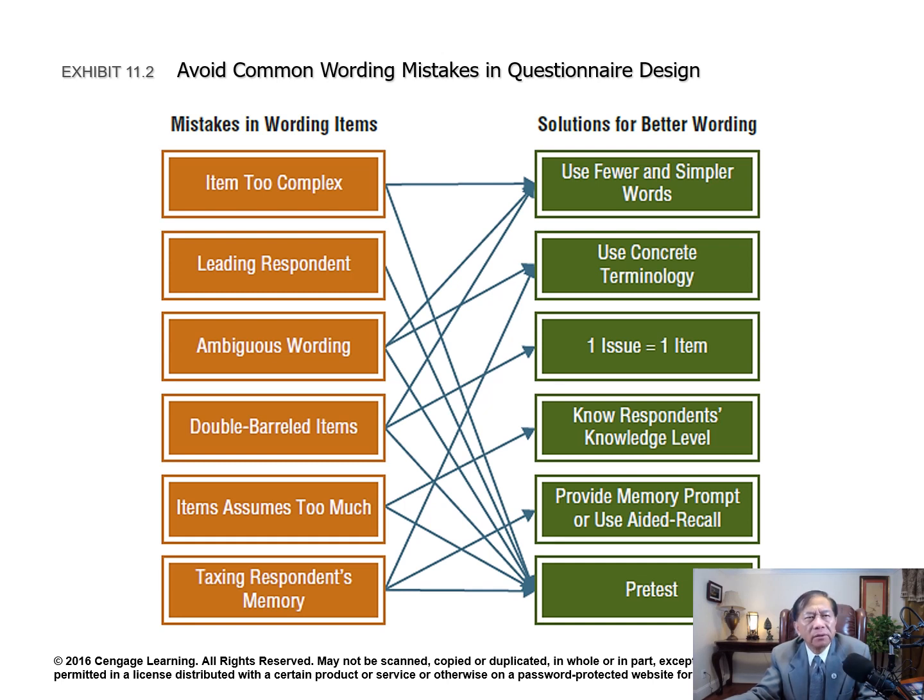If there is a leading question, you can pre-test it to find out. If the wording is ambiguous, you can use fewer, simpler words, use concrete terminology, or pre-test. For double-barreled items, you can address one issue per item, or pre-test. If the item assumes too much, you can find out the respondent's knowledge level, or pre-test. For taxing the respondent's memory, you can use concrete terminology, provide a memory prompt, or use aided recall.